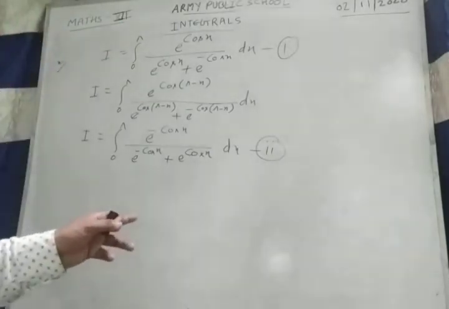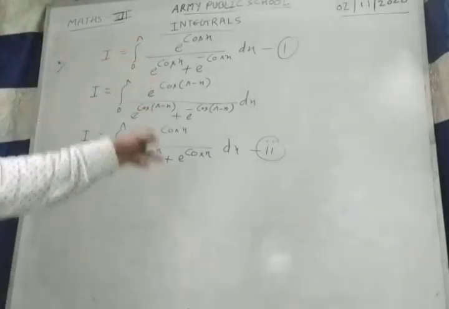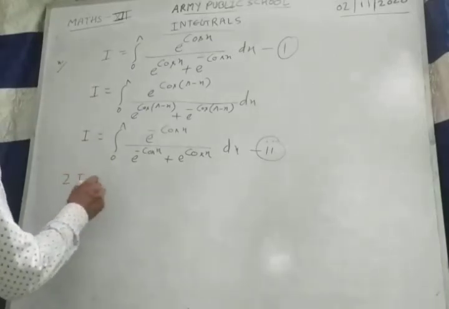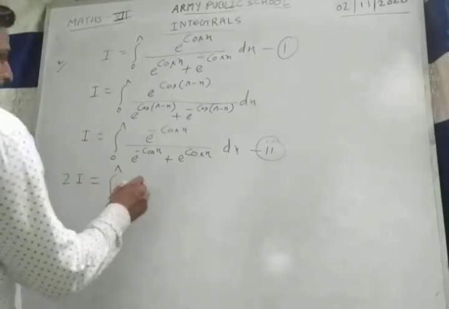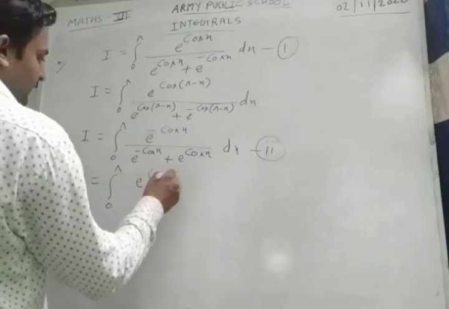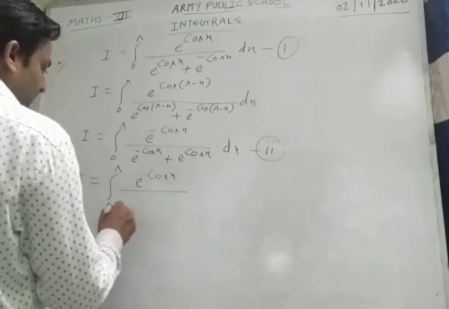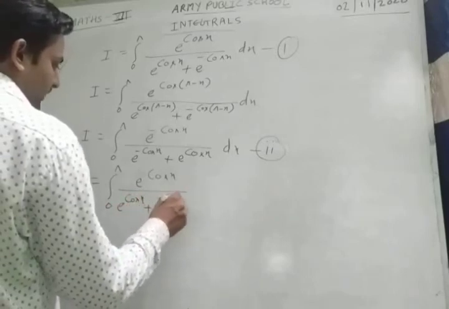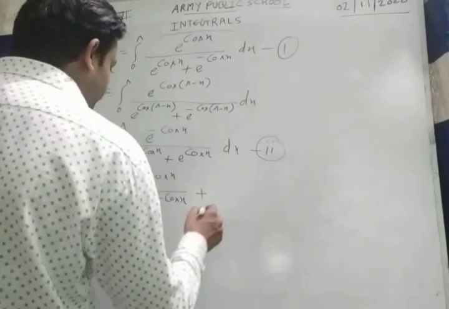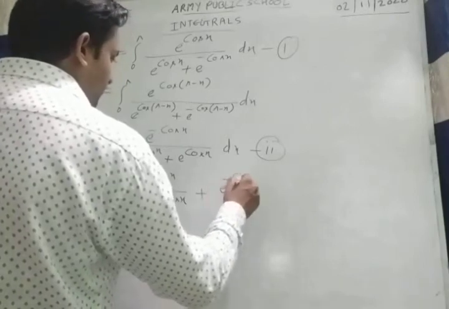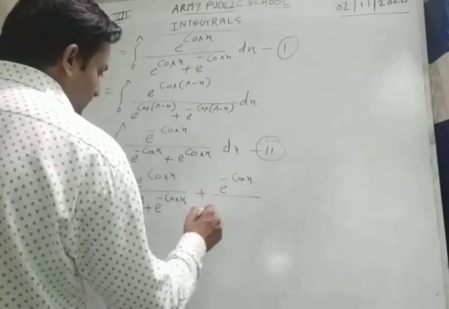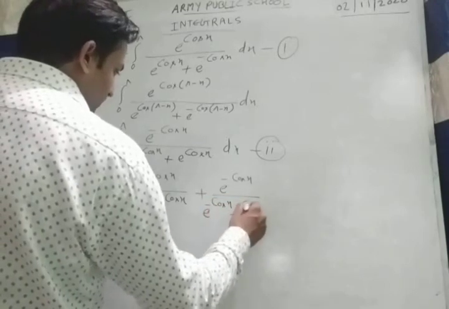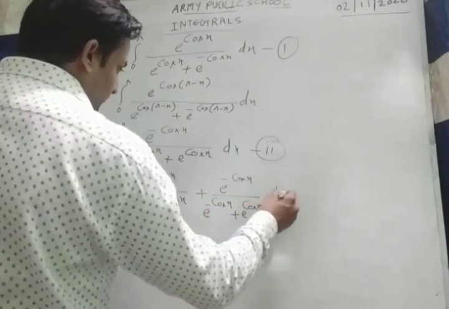Okay, now what we will do, we will add these two equations and we get 2i is equal to 0 to pi, e to the power cos x by e to the power cos x plus e to the power minus cos x, plus e to the power minus cos x by e to the power minus cos x plus e to the power cos x dx.